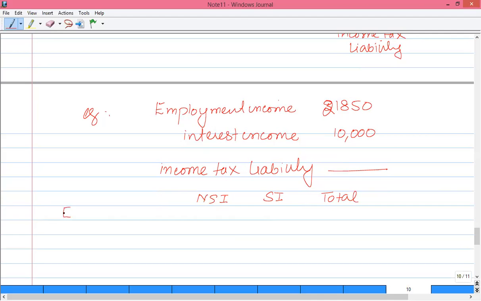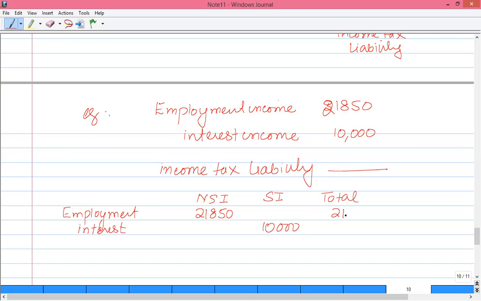So we have employment income. Employment income is 21,850, and we have interest income, and this is 10,000.